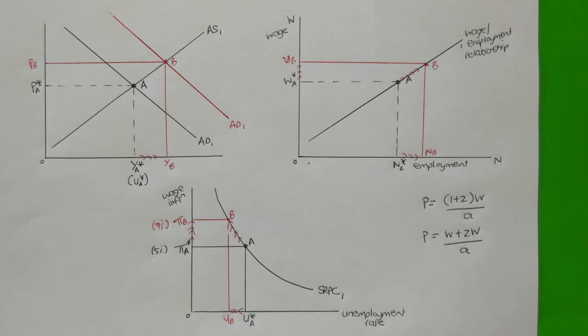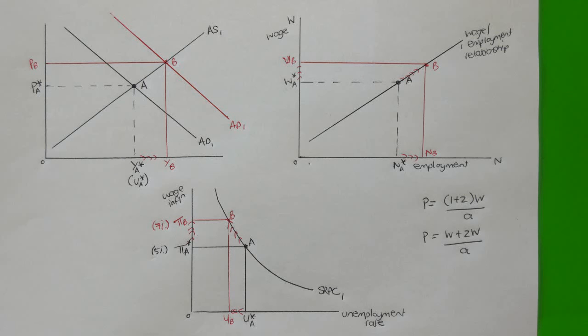When they do that, this is going to again have a direct impact on firms' costs of production. When people think that inflation is going to be higher than what it was previously, when they go into wage negotiations with their employers, they're no longer going to bargain for a low wage increase. They're going to bargain for a wage increase in line with the higher rate of inflation which they have experienced, and with therefore the higher inflationary expectations which they have in mind.